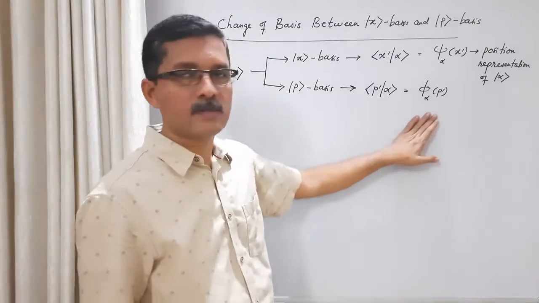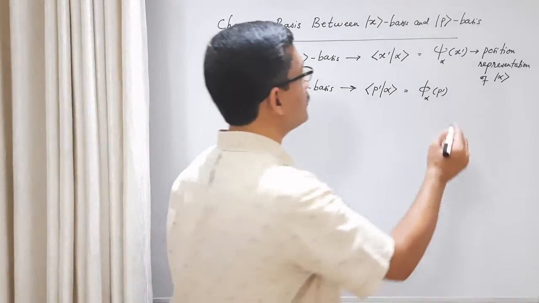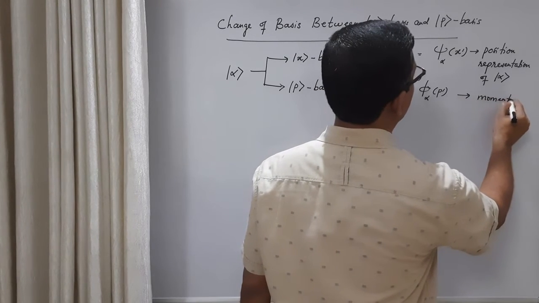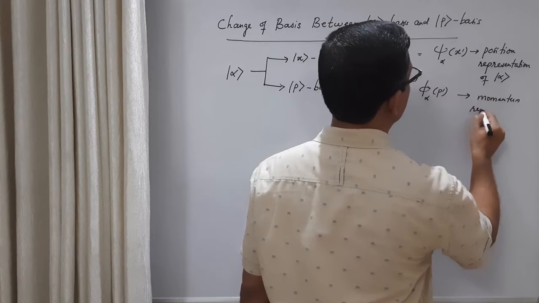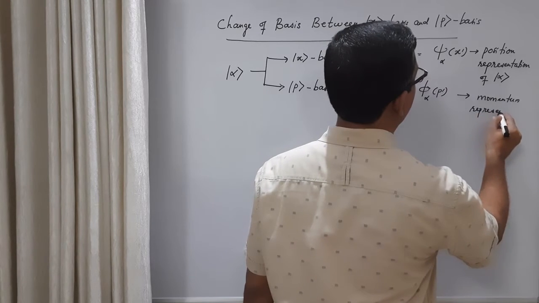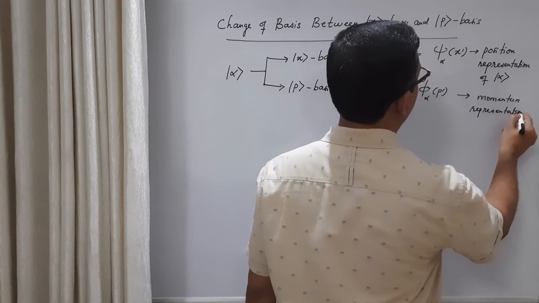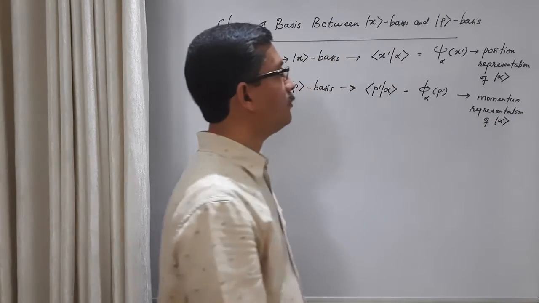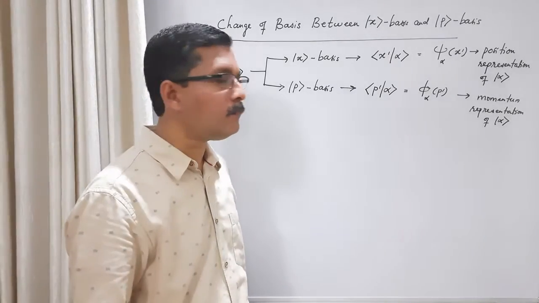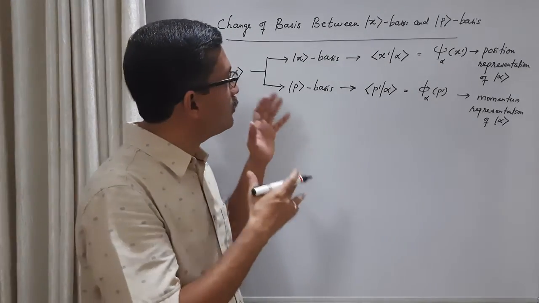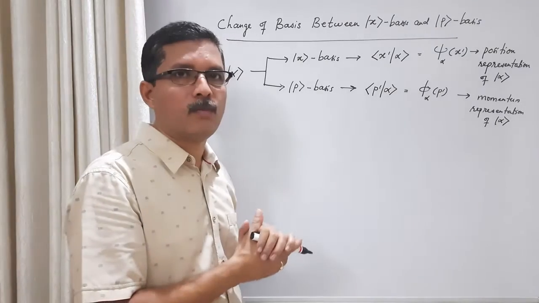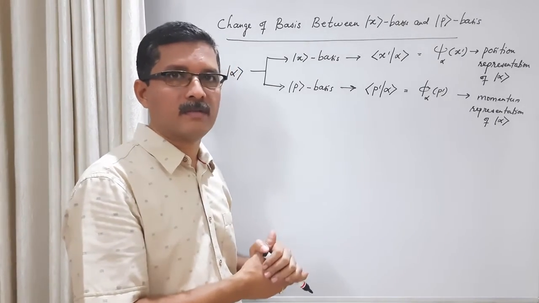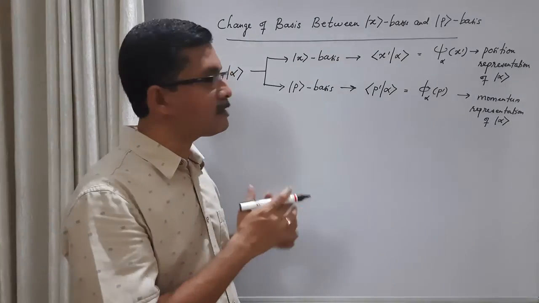This is the momentum space wave function of ket alpha, or we can call this the momentum representation of ket alpha. Why do we talk about position coordinate representation and momentum representation? There are other representations also, like energy representation. So how do we choose the basis?